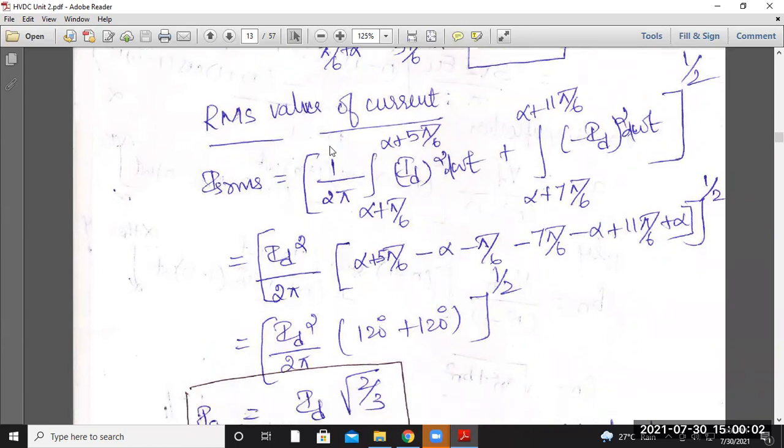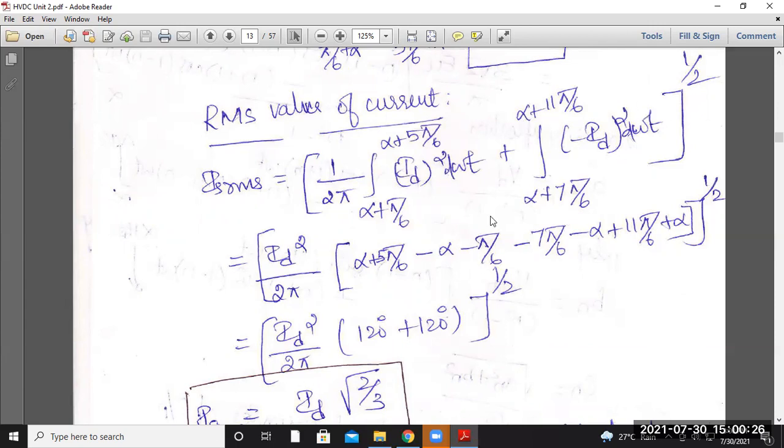So here also you can write 1 upon 2 pi. The range is from 30 degree to 150 degree, that is a variation of 120 degree, and the equation is id square d omega t. Here also the range is alpha plus 7 pi by 6 to alpha plus 11 pi by 6.